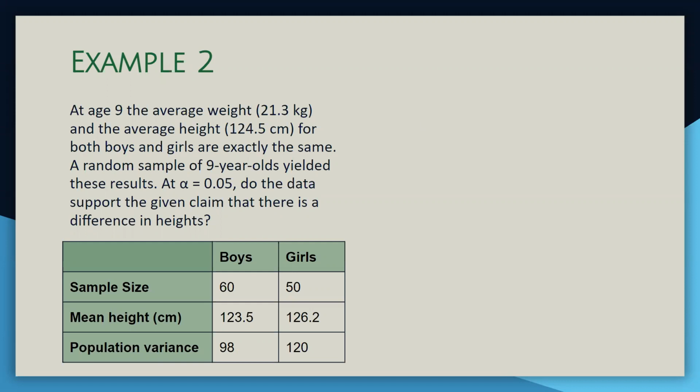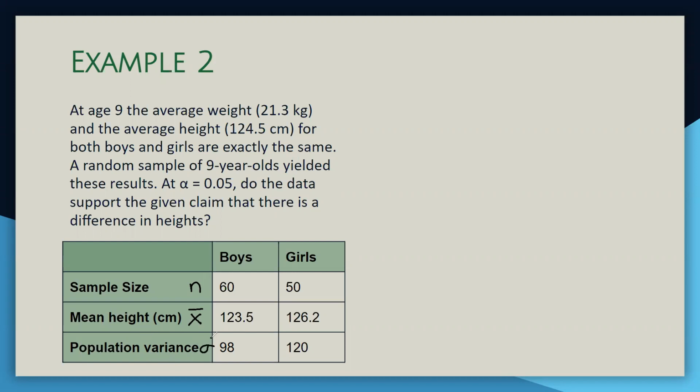Notice that this word problem did something nice. Instead of throwing all of that information at us in the word problem itself, they took that information out and organized it in a table for us. So we don't have to go through and construct that table. It's been done for us. We have our values for n, our values for x bar, and then they use an interesting word here, population variance.